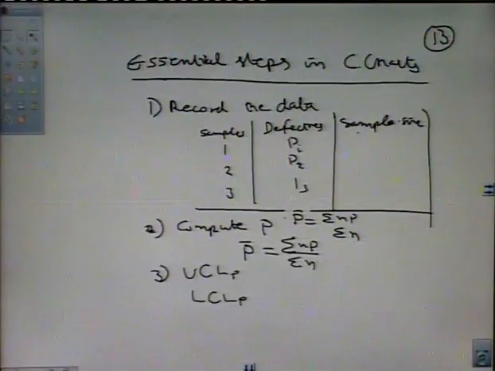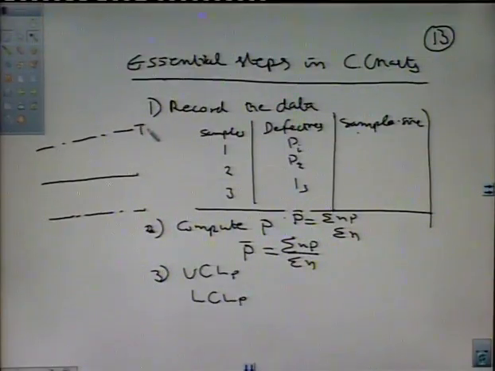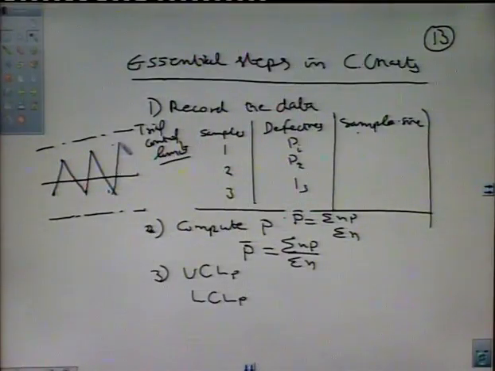Now when we plot the points initially on the control chart, these are known as trial control limits, because we are plotting these points in the raw form and we do not know at this stage whether the process is under statistical control or not.